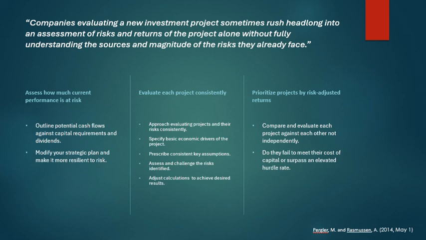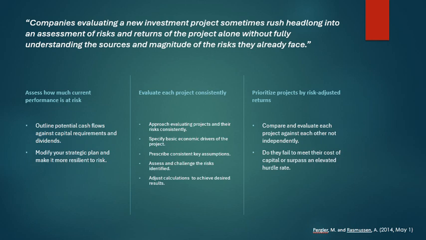So their approach of evaluating projects and their risk consistently by specifying basic economic drivers of the project. They can prescribe consistent key assumptions, assess and challenge the risks identified, and adjust calculations to achieve desired results. And they can prioritize projects by risk-adjusted returns. And they can do that by comparing and evaluating each project against each other and not independently.